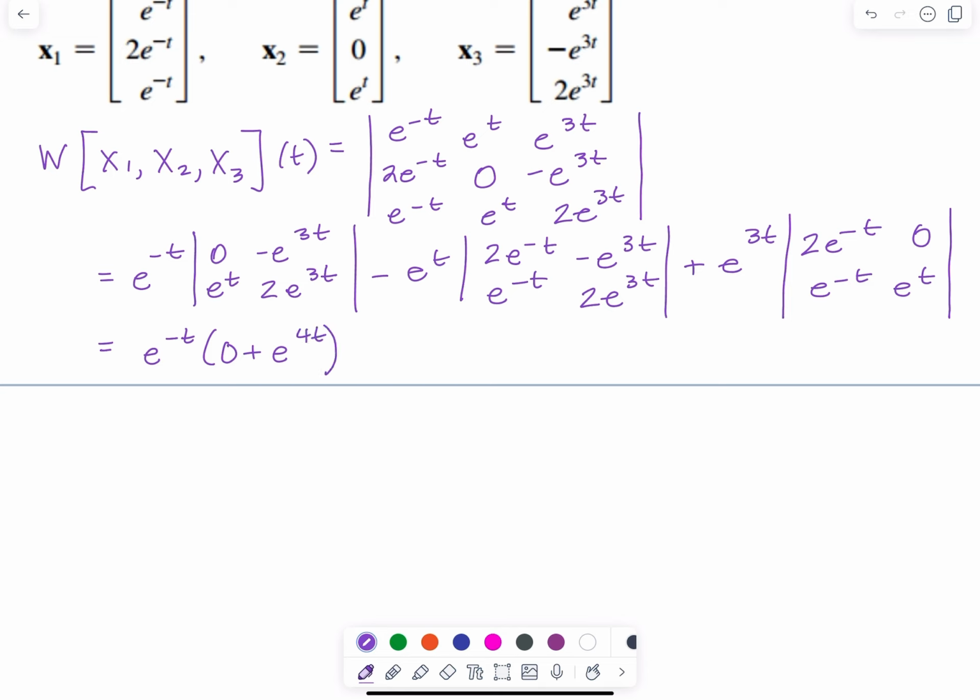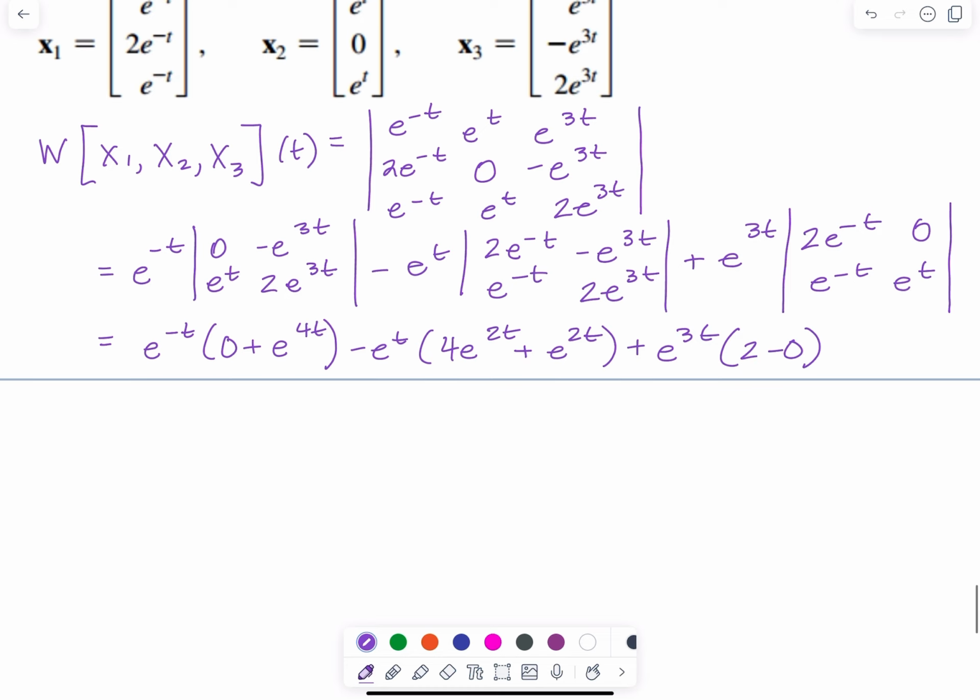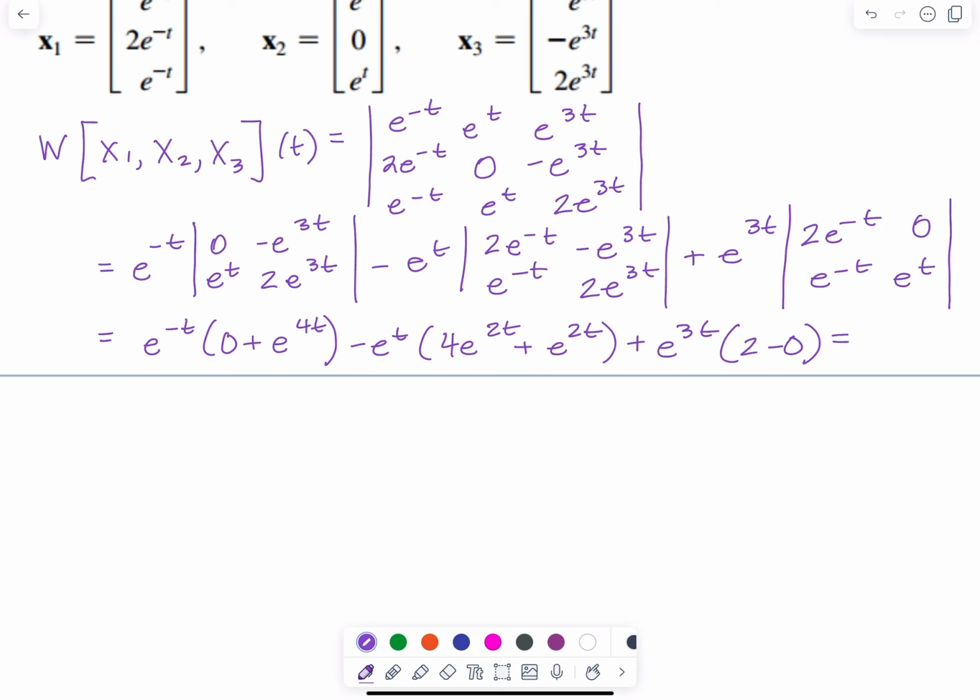Then, of course, we have minus e to the t, and we'll have 4e to the 2t minus, so we have a plus e to the 2t plus e to the 3t, and we'll have 2 minus 0. I'll just continue this on the next line.